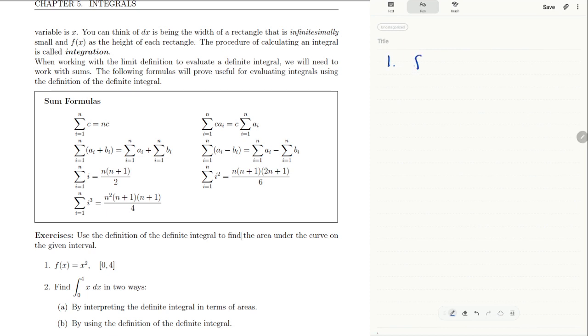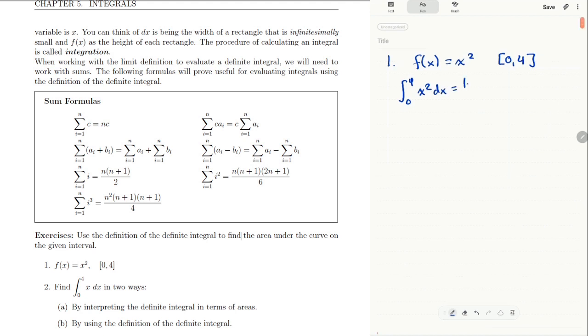So suppose that we want to find the area under the curve x squared on the interval from 0 to 4. So the area is given as the integral from 0 to 4 of x squared dx.